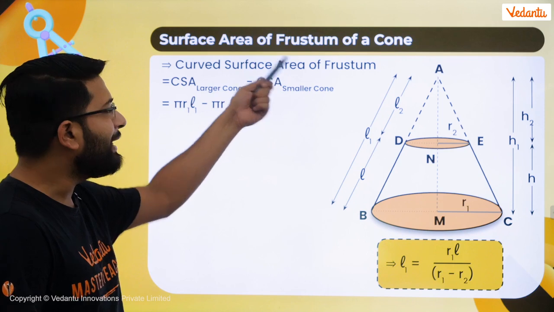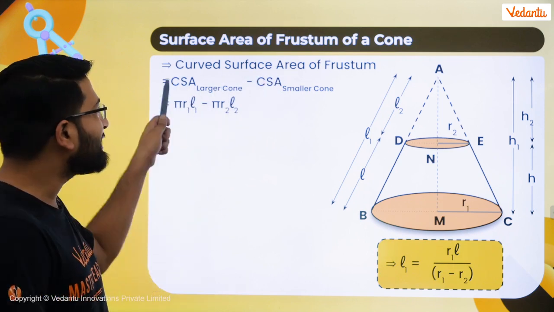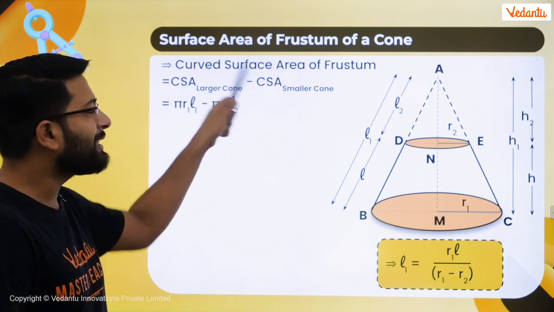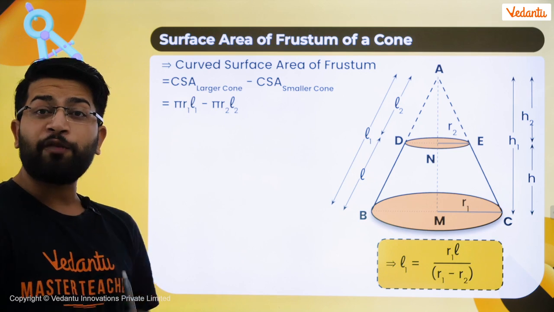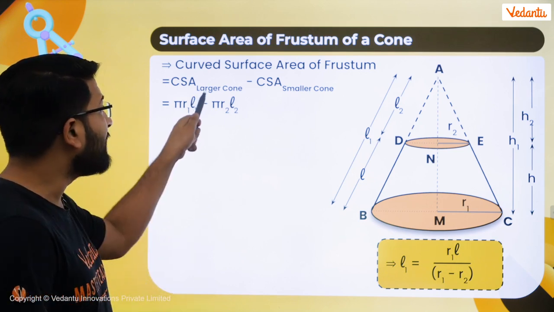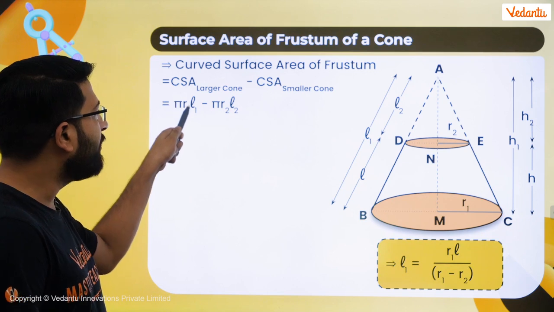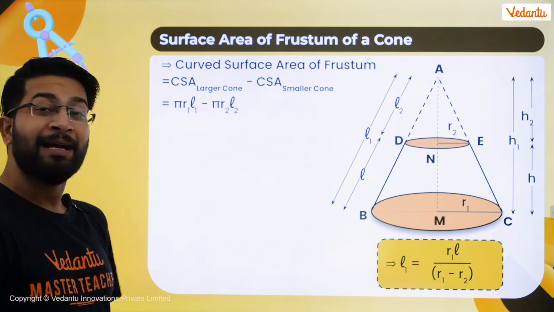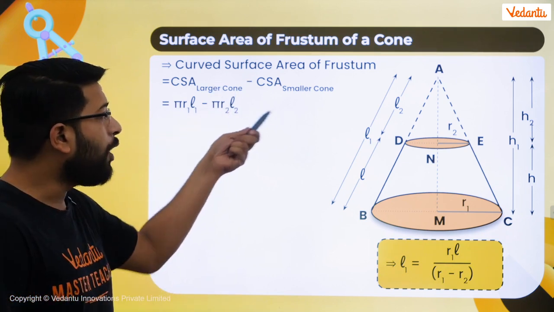The curved surface area of the frustum will be CSA of larger cone minus CSA of smaller cone. The CSA of a cone is what? Pi R into L. That is why for the larger cone, pi R1 L1 minus pi R2 L2. Now I know that L2 is what?